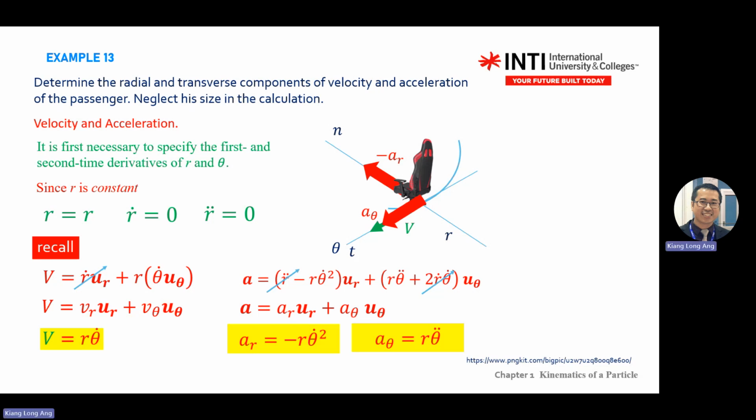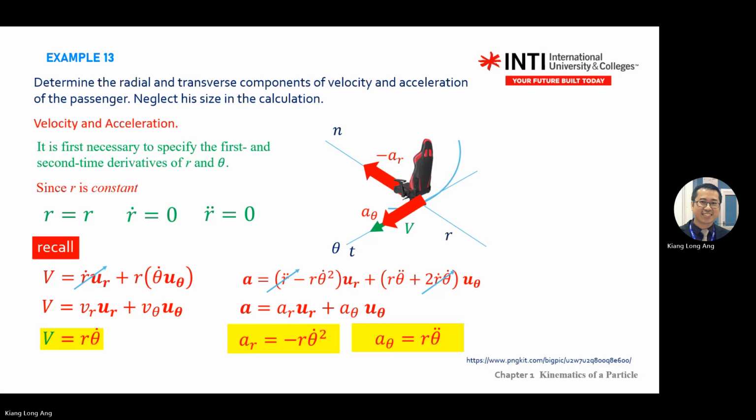So don't confuse between R and R theta because they are two different directions. Or you don't need to write the yellow color one. You just simplify this equation. You can write A equal to minus R theta dot square UR plus R theta double dot U theta. Also get the correct answer.